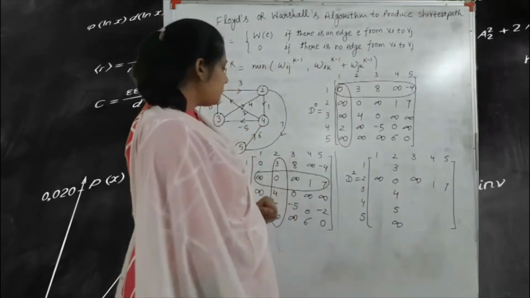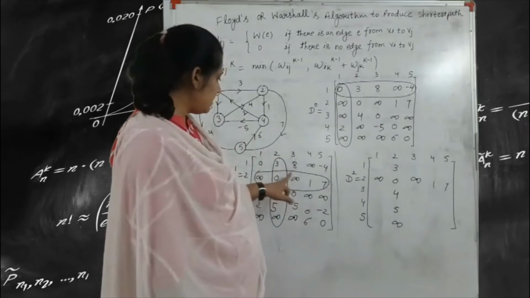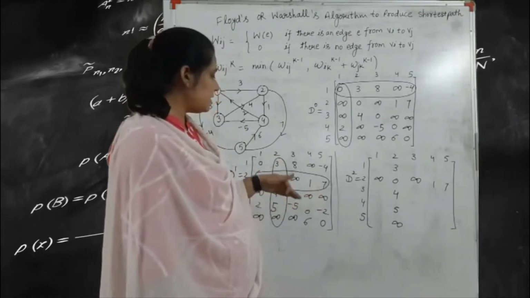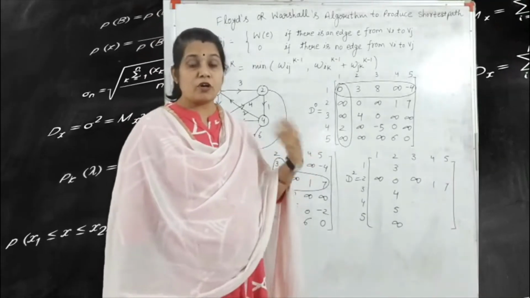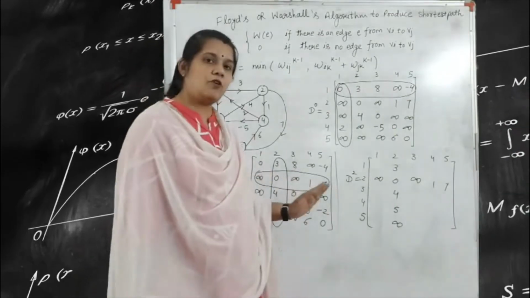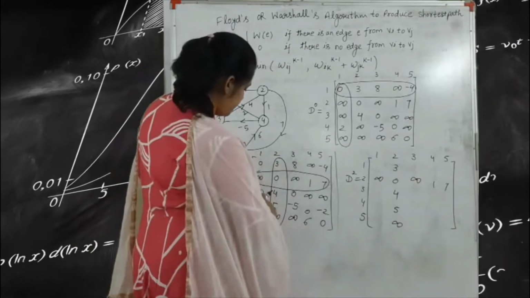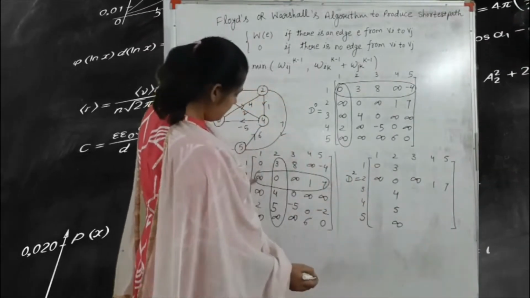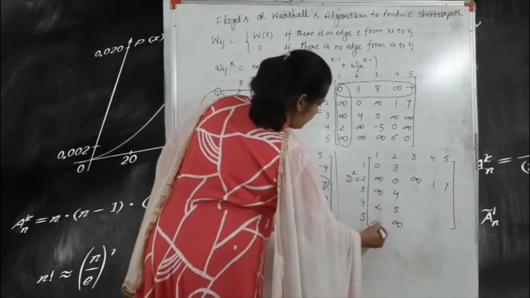Okay. The next step is to check the infinite sign in the highlighted row and column. If infinite is present in your highlighted row or column, you copy it here. So here infinite, that means in the upper side you write 0, infinite, 2 and infinite.